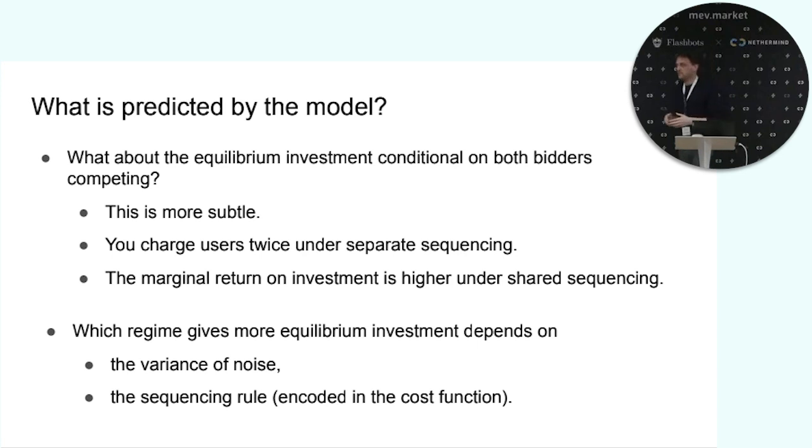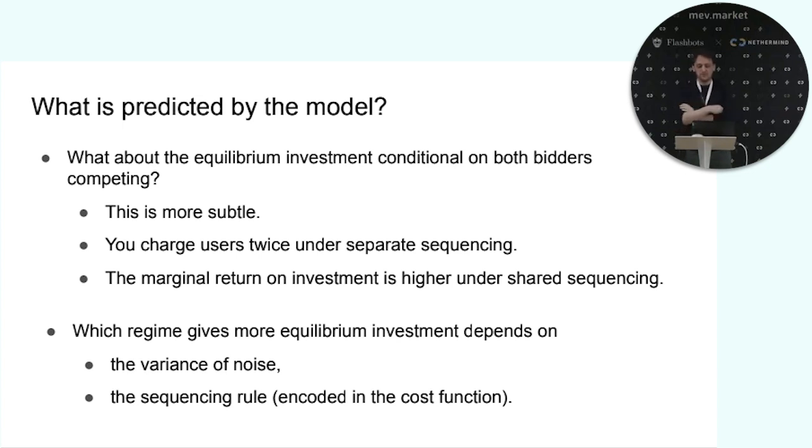But then you can also think about, conditional on entering this competition, what does it do to investment? Okay, so you can think about, well, do those searchers actually compete harder? Do they invest more in the world of a shared sequencer versus the world of separate sequencing? And now you have two effects, right? You basically charge them twice in some sense if you do separate sequencing. And they're still competing in this cross-MEV extraction game, one on each domain. But then you also have a more reliable signal, right?